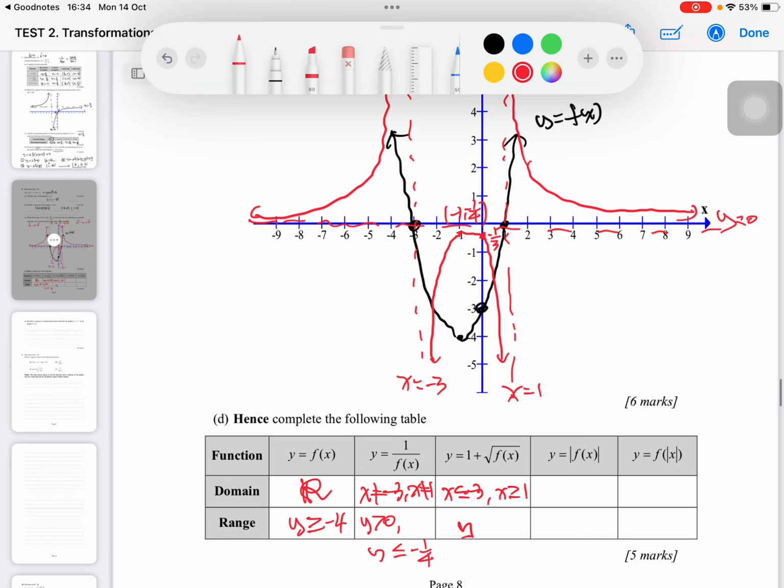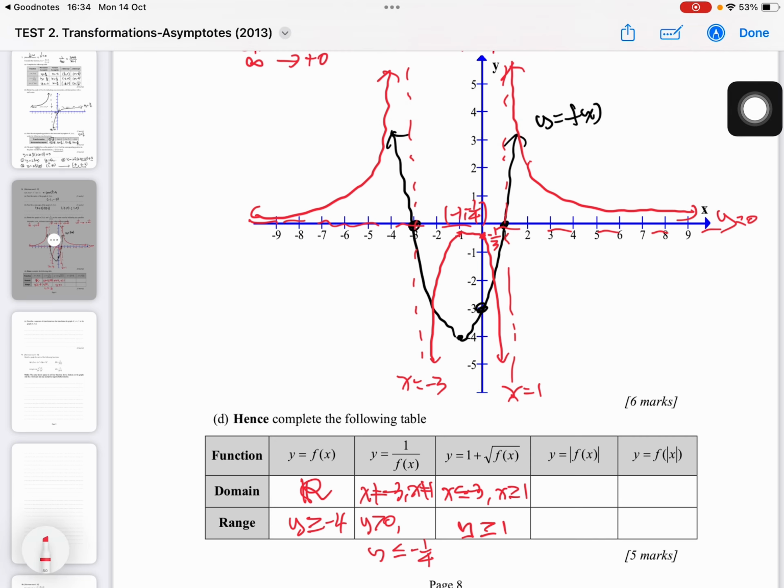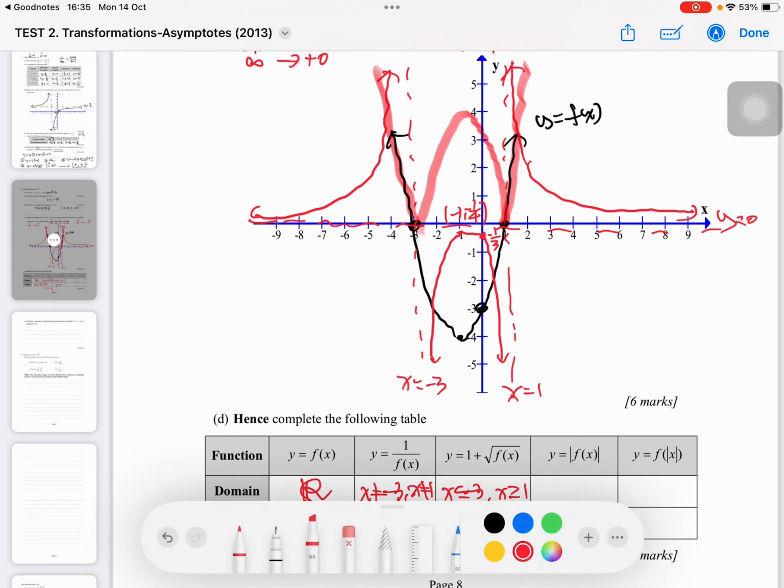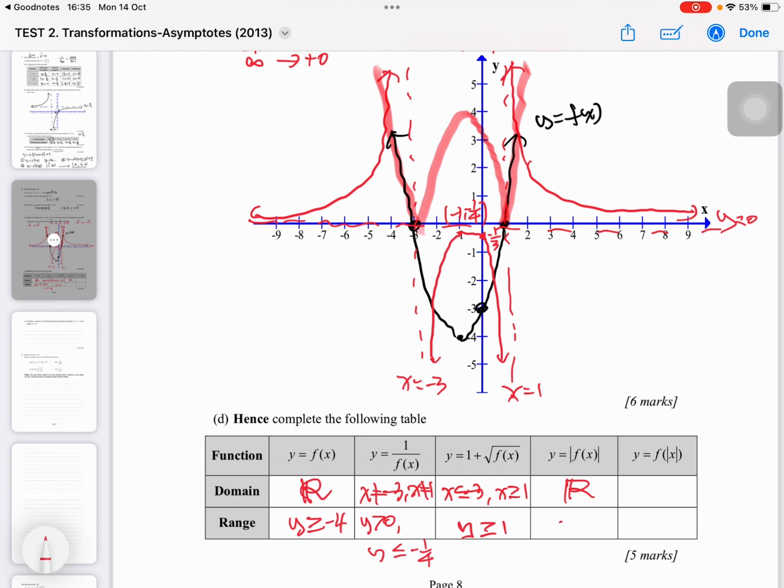So y becomes larger than or equal to 1. And when we put the modulus sign on all of them, here and here they stay there, and the negative part goes up like this. So domain all real numbers, but range is y larger than or equal to 0.